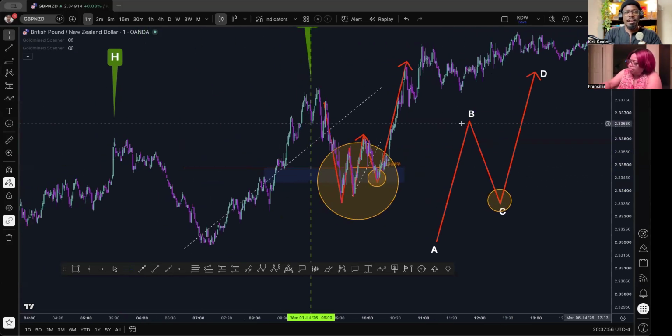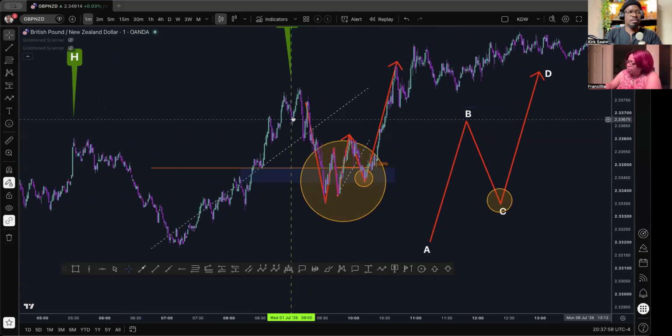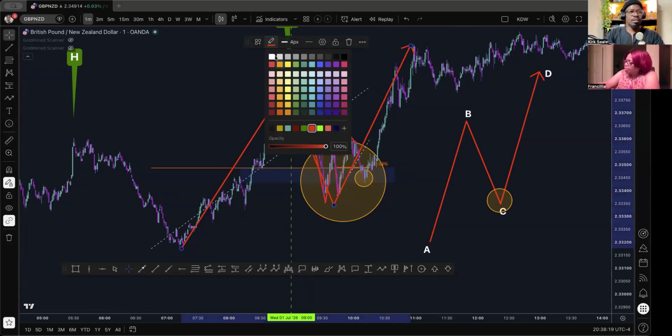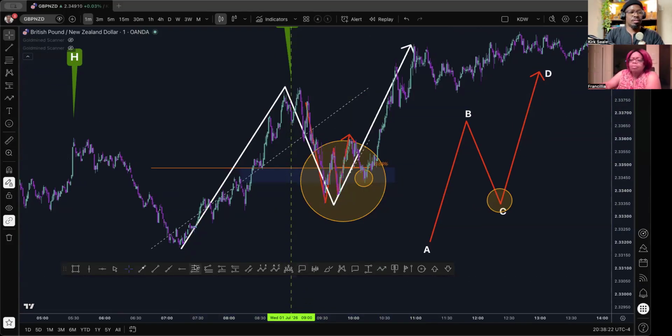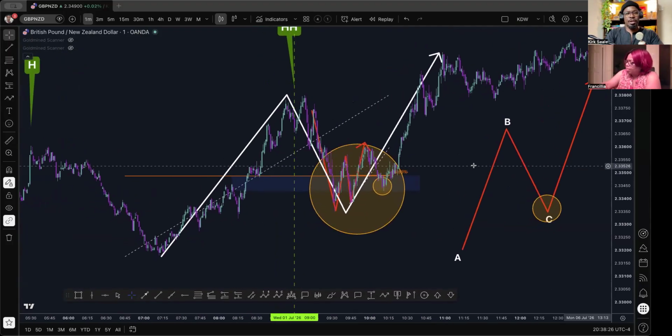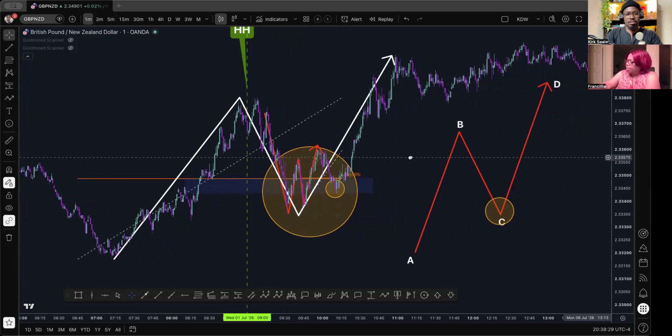So the last thing that I will show you is this. I need a different color. This price started here. We went up to here. We came down to here. And then we went up here. Let me know if you see it.